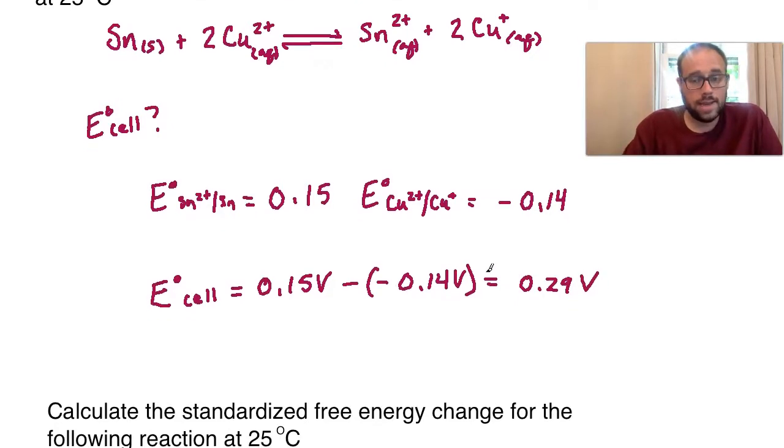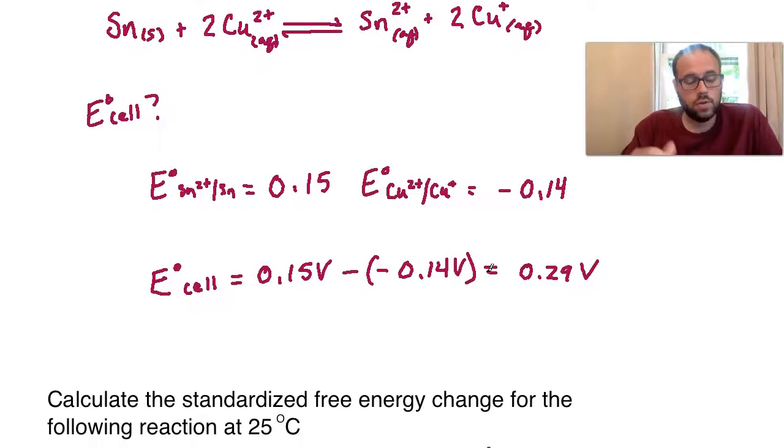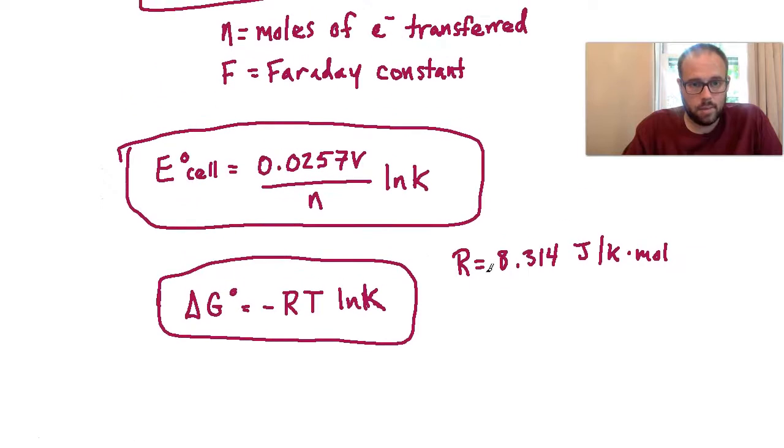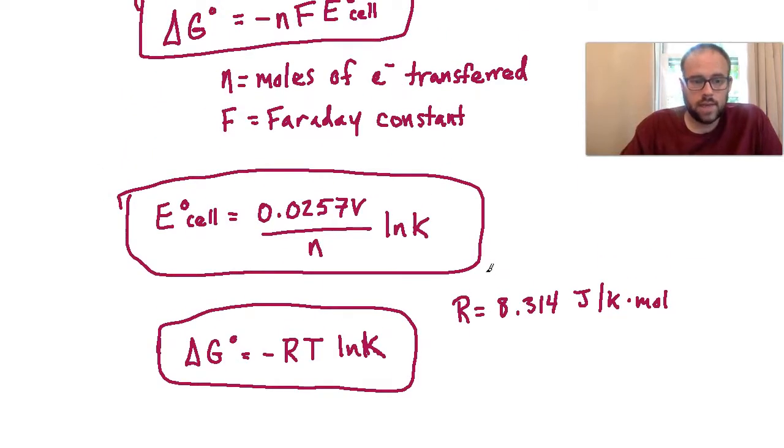So what I want to find is K, and in order to do that, I would rearrange the equation that I have up here. So if you see, I've got E cell, right, and then I've got this value here. In order to get ln K by itself, I'm going to need to multiply both sides by n. So that'll make it E cell times n. And then I would need to divide through by the 0.0257.